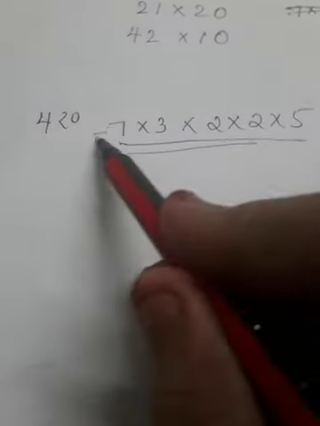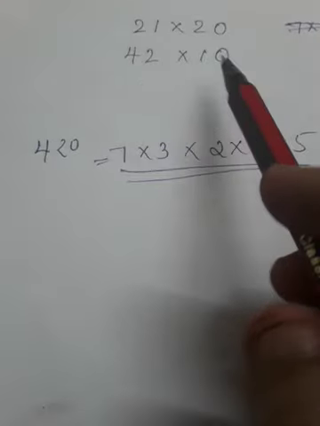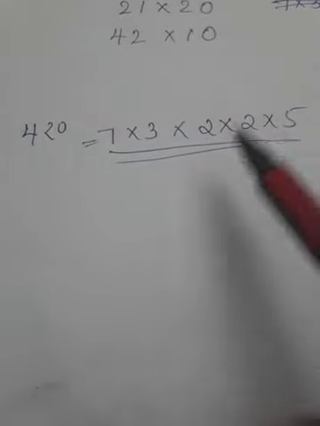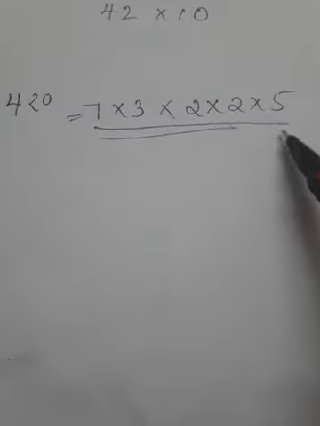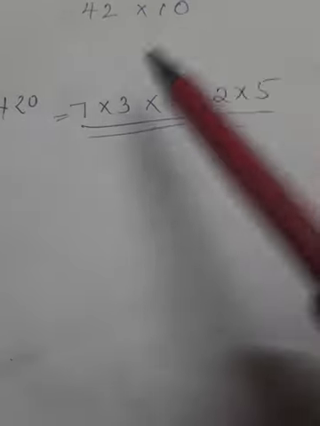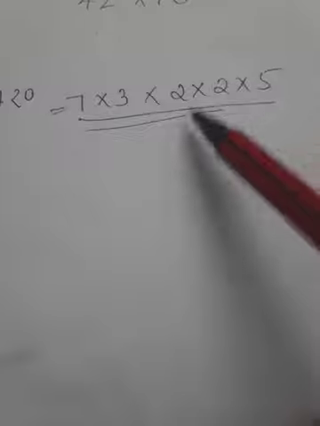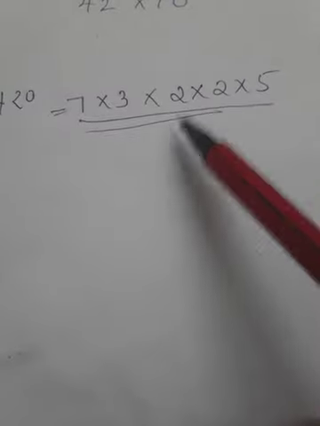So 420 means actually 21 into 20, or 42 into 10 also we can take. Anyway, 21 is 7 into 3, and 20 is 2 into 2 into 5. Factorize that. These are the factors, and we can arrange them in any order and we need to get two numbers with the difference 13.